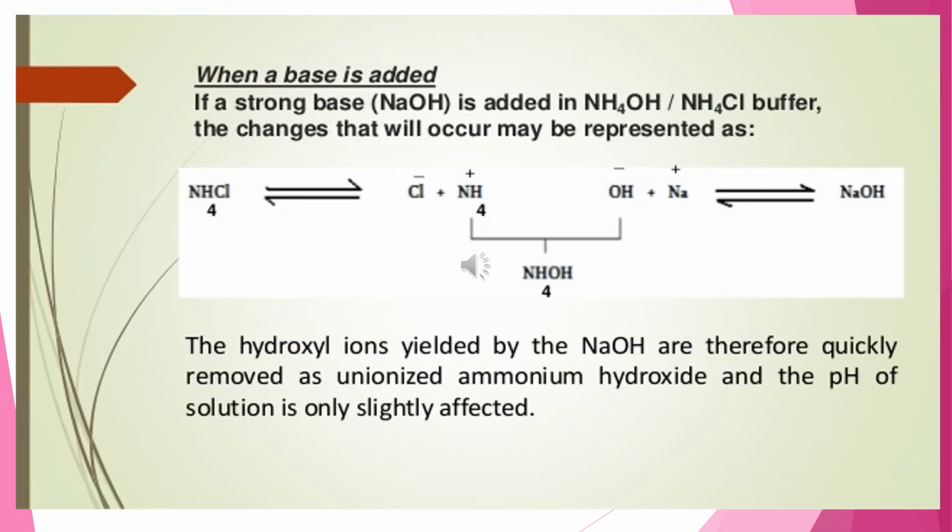When a strong base, NaOH, is added to the NH4Cl buffer, the changes that occur may be represented as: the hydroxyl ions yielded by the NaOH are quickly removed as unionized ammonium hydroxide, and the pH of the solution is only slightly affected.